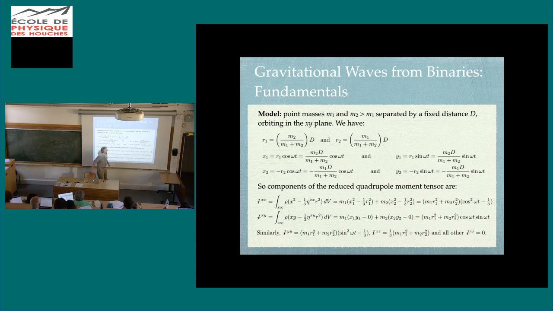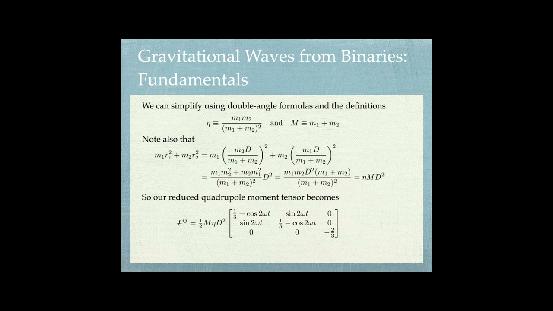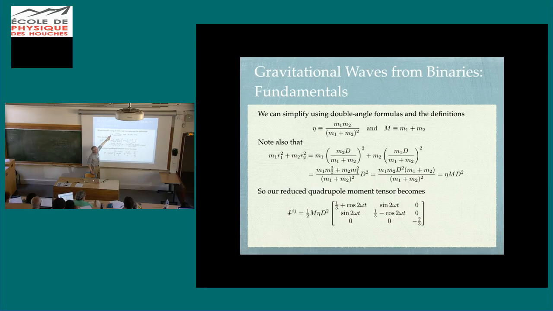You get an expression that looks like this once I've plugged in what these are, and you can derive all the terms for this reduced quadrupole moment tensor. And then you can do some simplification. This eta is a very powerful unitless expression of the difference in the masses, and you also need the total mass, and you can re-express that. All this quantity, which looks complicated in terms of eta, M, and the distance between the objects, just becomes something simple.